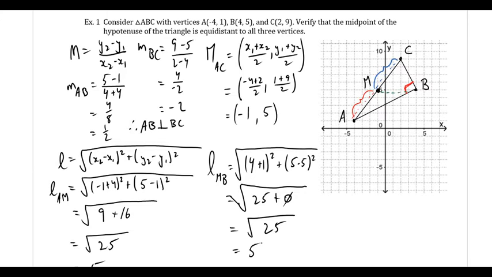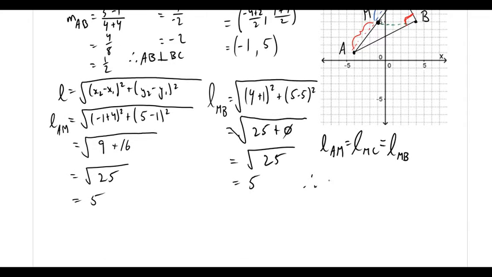So I know length AM equals length MC, because it's the midpoint, it has to be true. And I just showed that it also equals the length of MB, because I found the length of two of them.